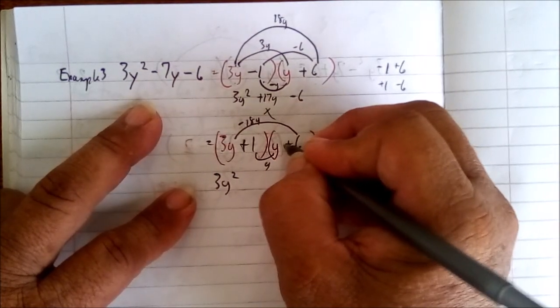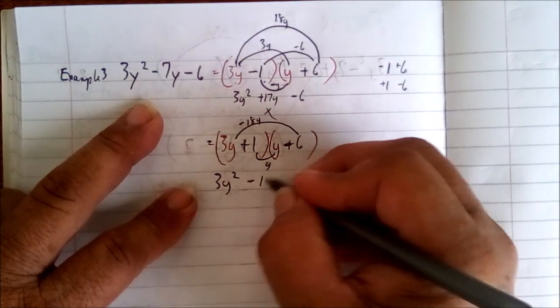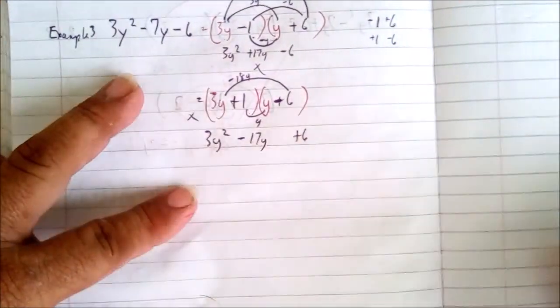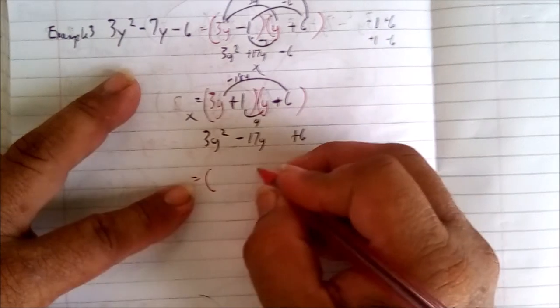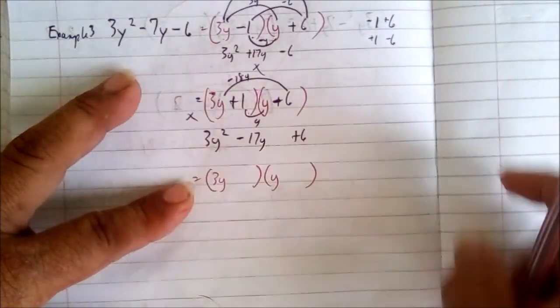Sorry about that, this is supposed to be negative. Remember, we're just changing their signs. The negative 18y then gives us negative 17y. Again, this is not the correct combination, so we try the next one. Remember, this is a trial and check method. Trial and check is time consuming, but we need to understand its concept.